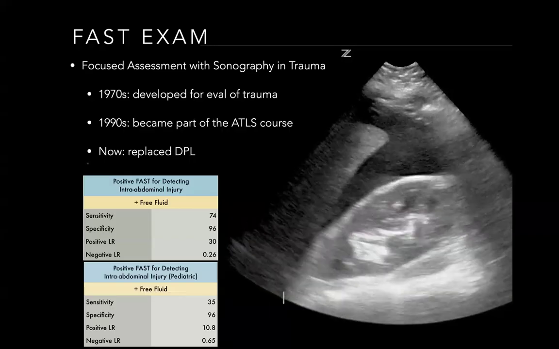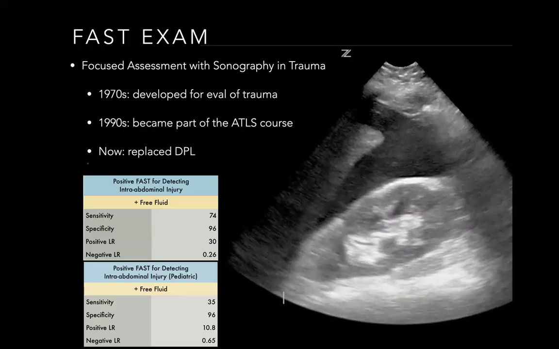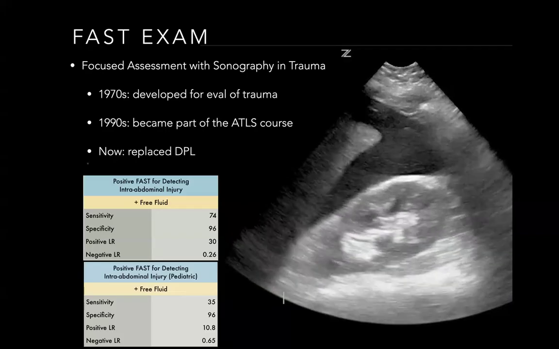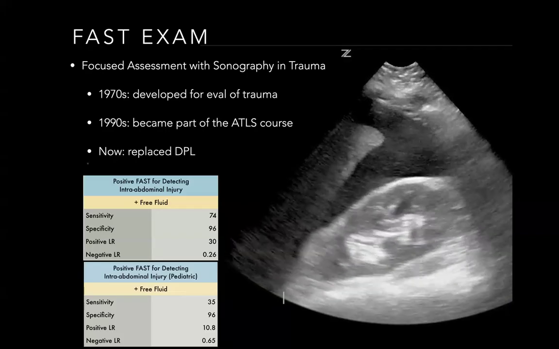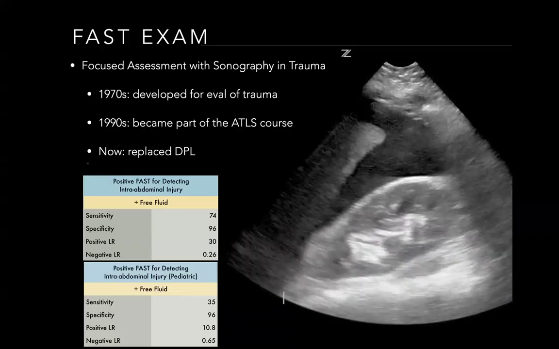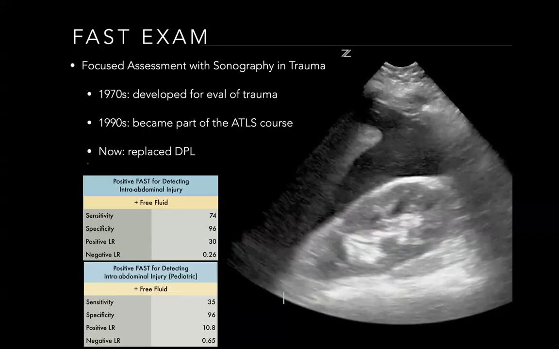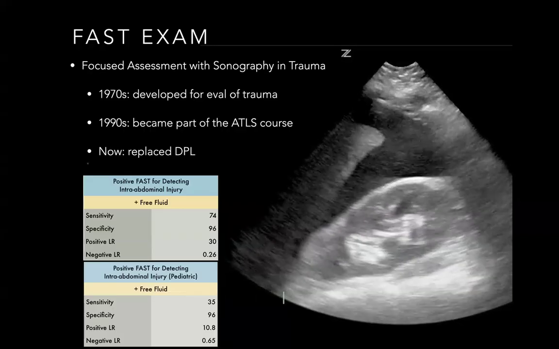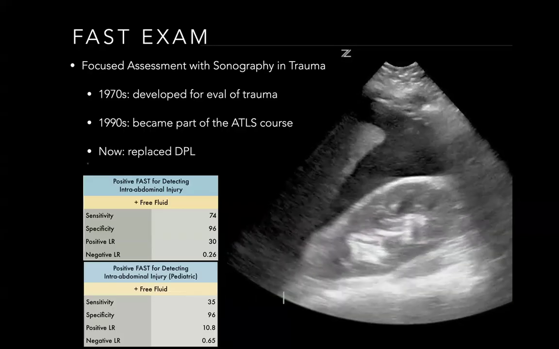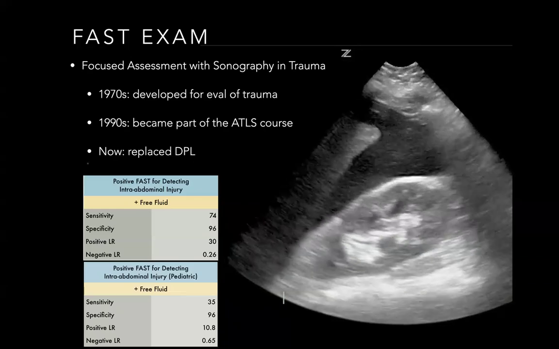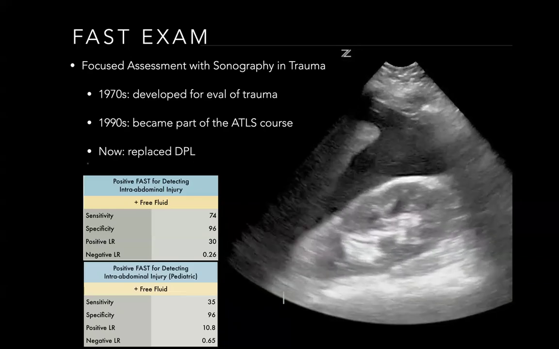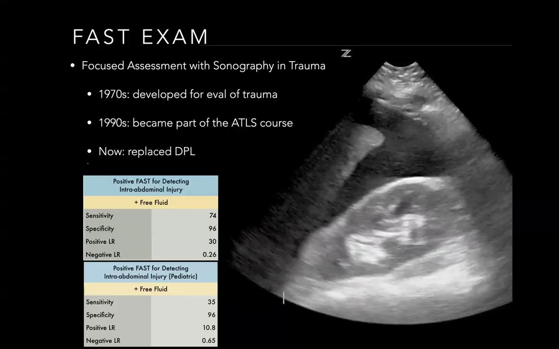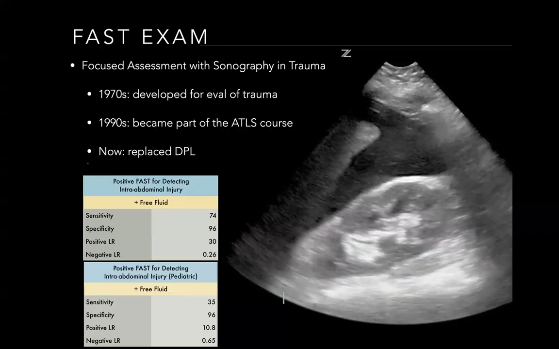In the primary care setting, of course, we're not always going to be seeing trauma patients, but it is still helpful to be able to tell if there is any free fluid, especially if you work in the acute setting. Let's say a patient that you suspect of having an ectopic is coming in to see you, which has happened to me, and there was some free fluid, and the patient was expedited back to the emergency room.